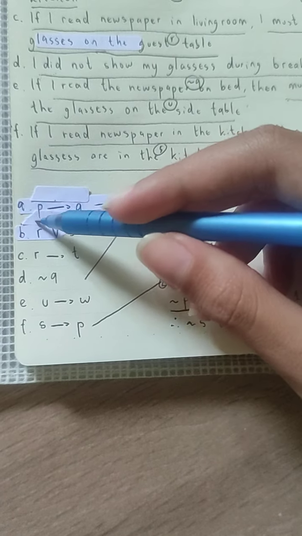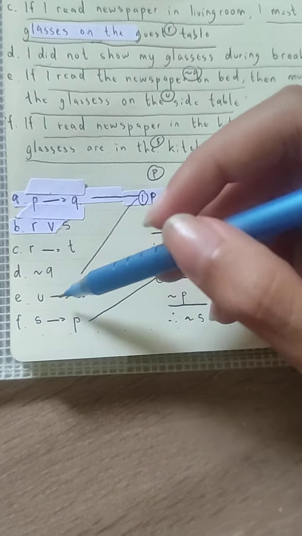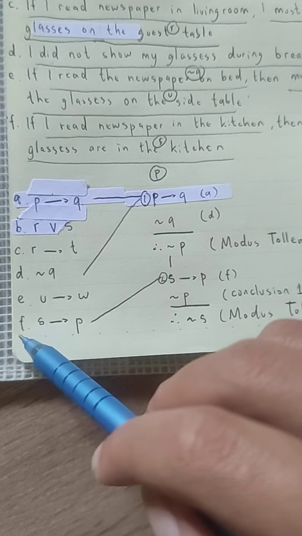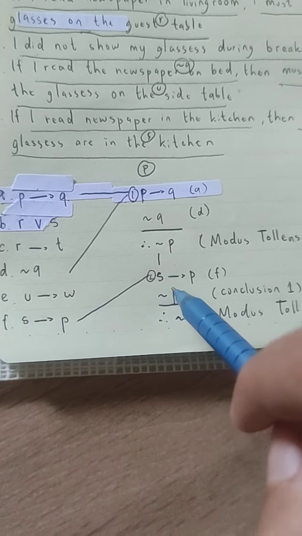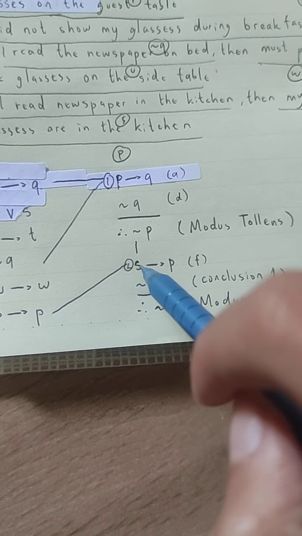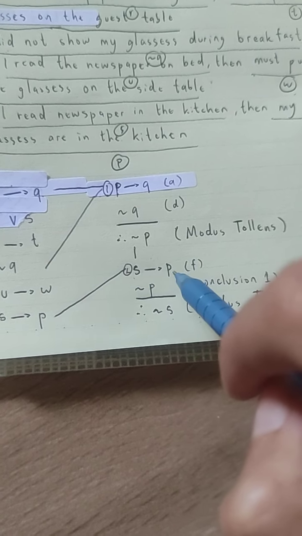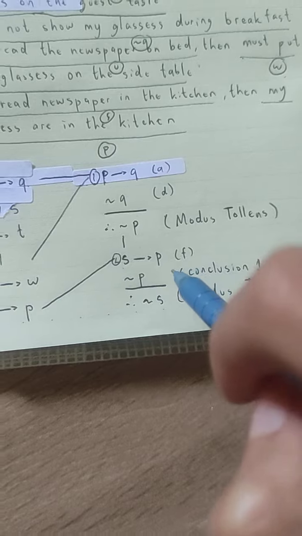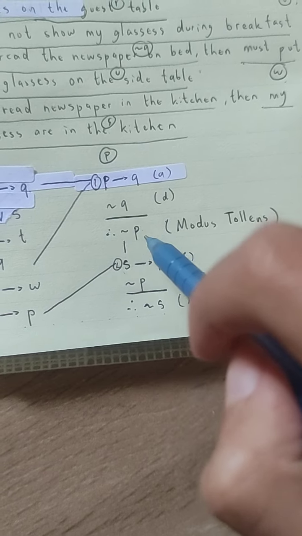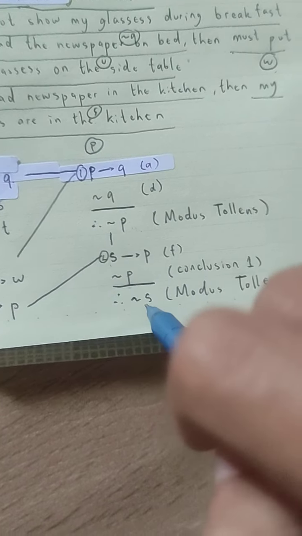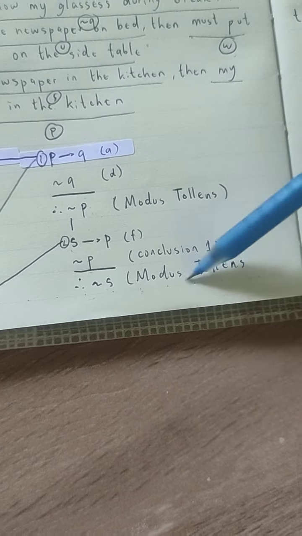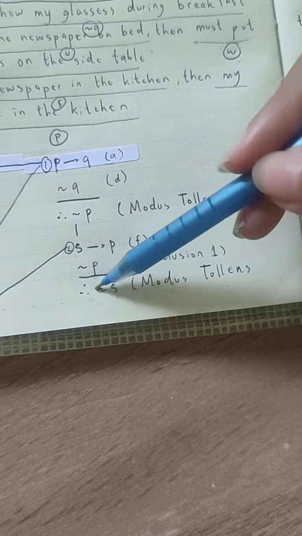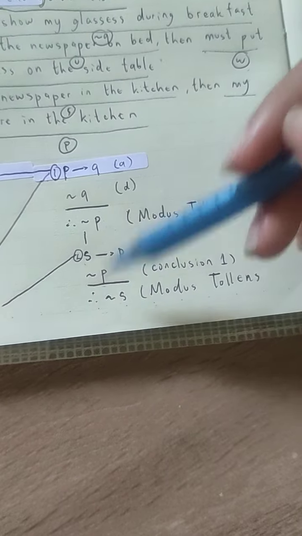Which one has P is here, point F. So we use this to find a conclusion. So S implication P from point F, and then we use the first conclusion to find another conclusion with which we use modus tollens. So we get the conclusion of negation S.